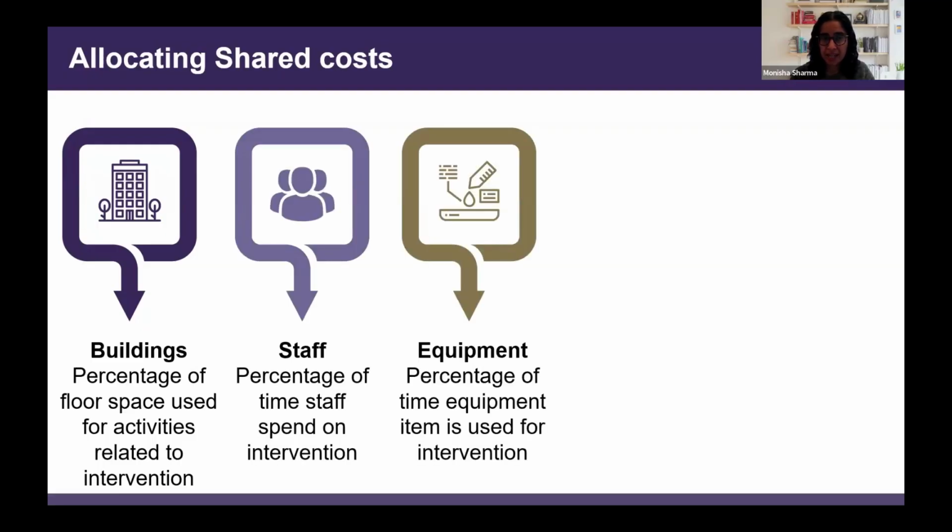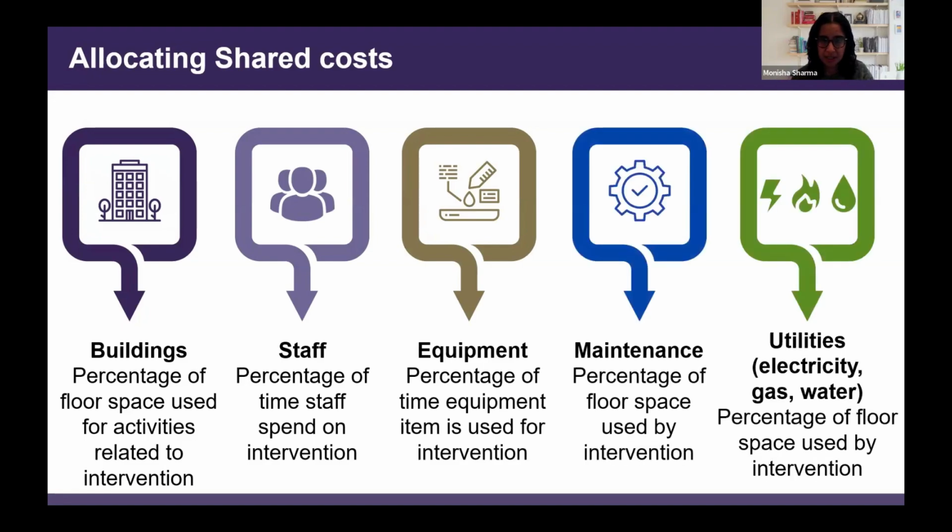And you could allocate staff time and equipment. So if you have lab equipment and it's being used by multiple interventions, you might say, okay, well, this intervention uses a fifth of those costs. And these are all mainly for economic evaluation. So if you're just understanding the financial costs, the building is already there, it's paid for. So when you add PrEP navigation services, you're not paying more money for the building. This is just if you want to understand all of the resources going into the intervention.